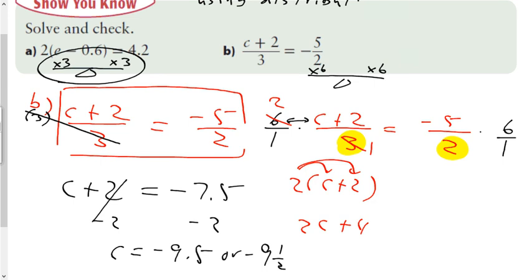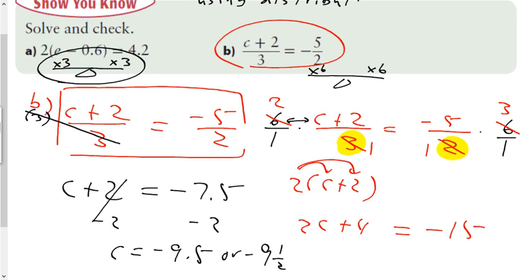Over here, if I cross-reduce, what will that become? 3 over 1, correct? And again, my denominator is 1, meaning the product of my numerators is all that's left, which means, what's the product of the numerators? Negative 15. So look what happened. I started with this equation right here.